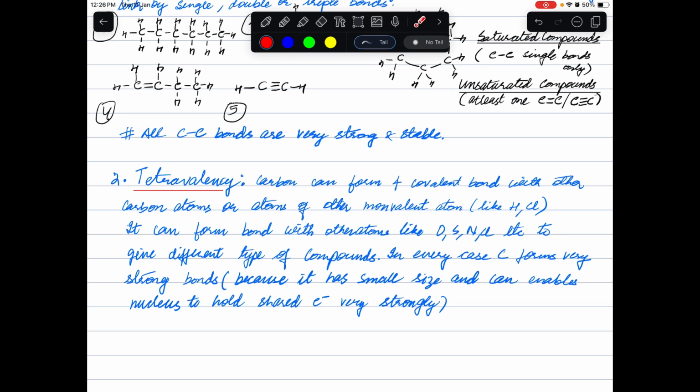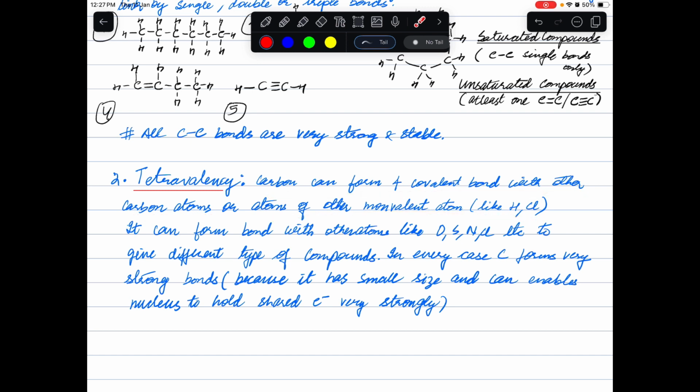Second reason for exceptional behavior of carbon is tetravalency. That is, carbon has in K shell 2 electrons, L shell 4. So valency is 4. It needs 4 more electrons to complete the octet. So carbon can form 4 covalent bonds with other carbon atoms, or it can form with other atoms also, like hydrogen or chlorine.